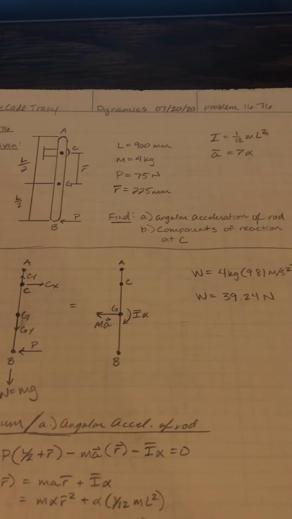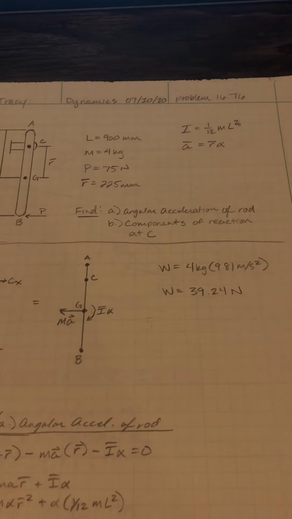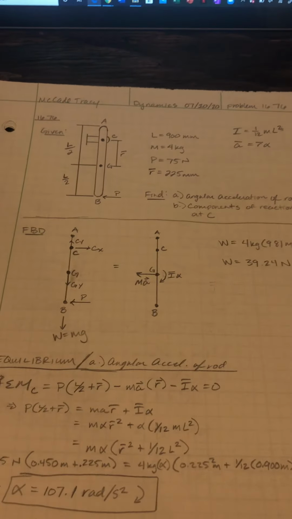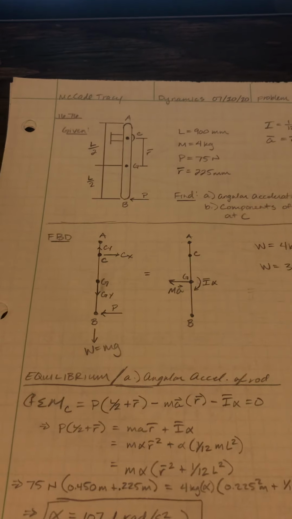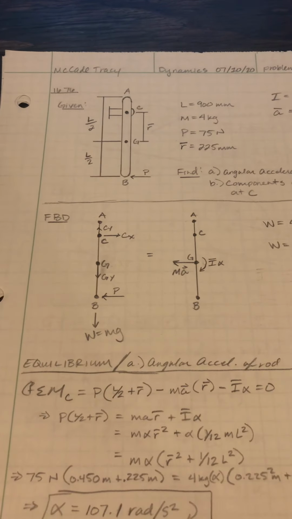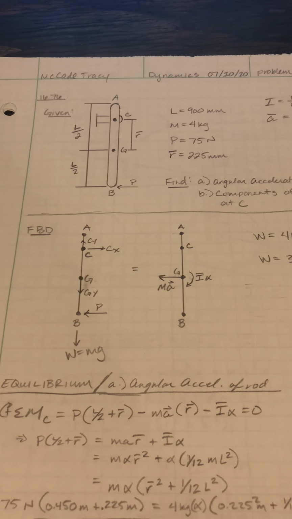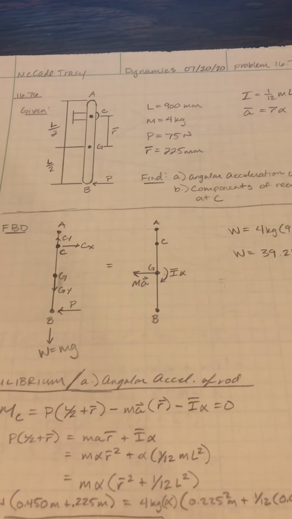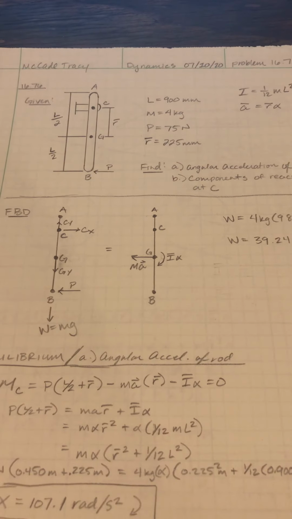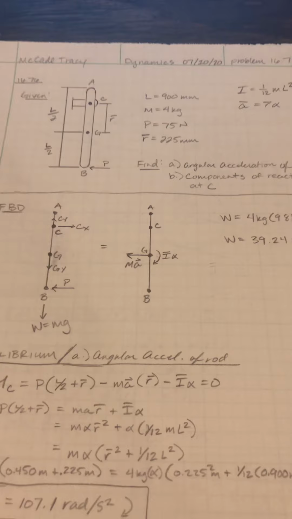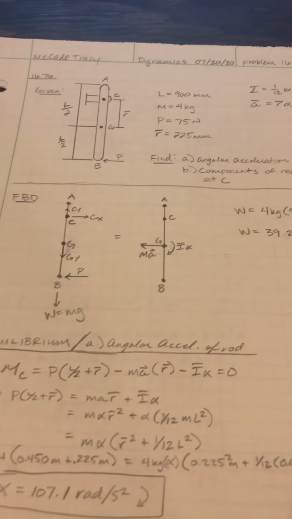So we're being asked to determine the angular acceleration of the rod and the components of reaction at C. Again, free body diagram, assuming the directions of our components, setting that equal to our mass times acceleration and the moment of inertia times alpha.